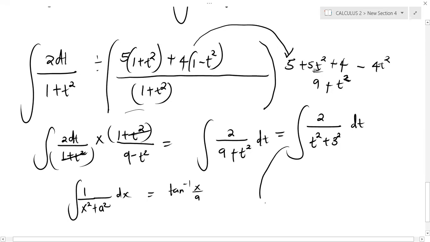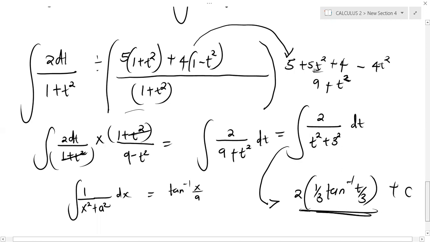So integrating this, in a similar manner, this is going to be 2 into 1 over 3 tan inverse of t over 3 plus c.